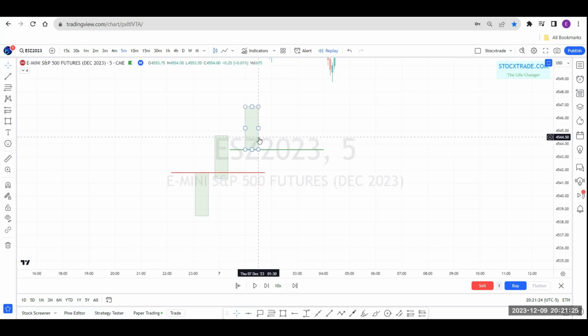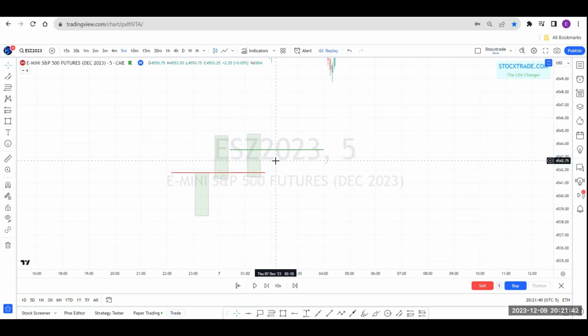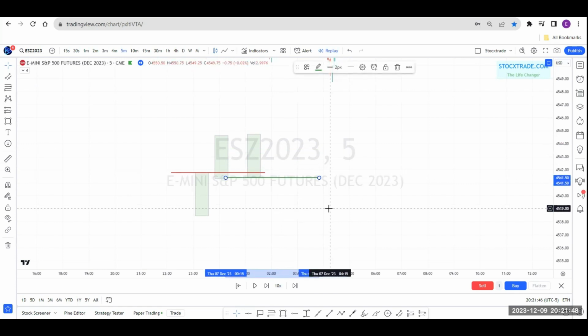If there is a gap between the first and third candle, this gap is called the fair value gap. If the candles are overlapping, there is no fair value gap. Keep it simple. So there is no fair value gap here because the market is overlapping.